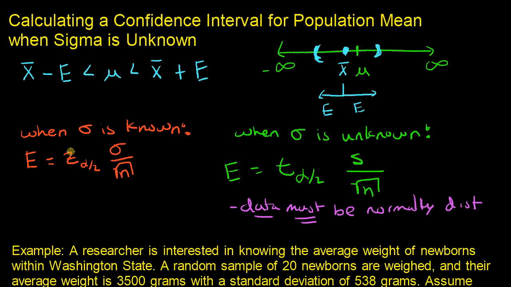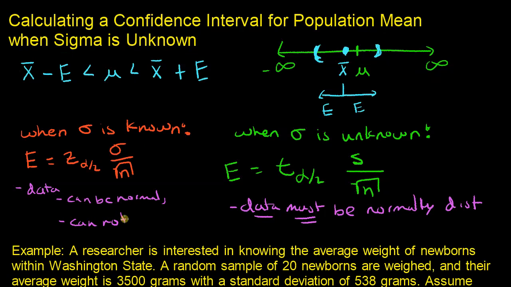Now, that restriction is not so tough over here. In this world, when sigma is known, the data has two options. It can be normally distributed, or it can be not normally distributed.